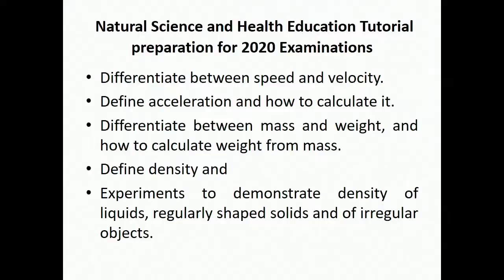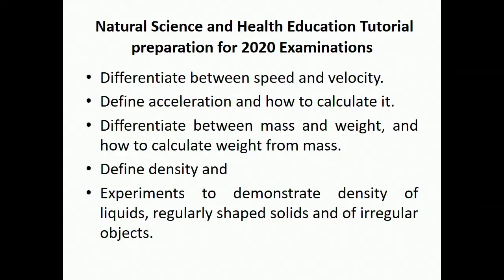Okay, to begin with, I want us to look at some of the objectives in your study guide. These are not in any particular order. The first thing is that the student should know the difference between speed and velocity.